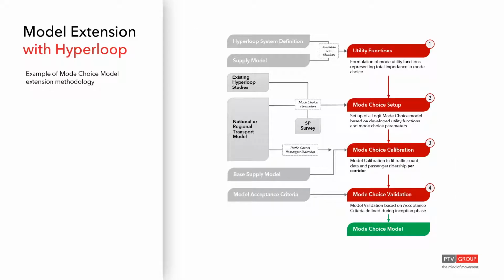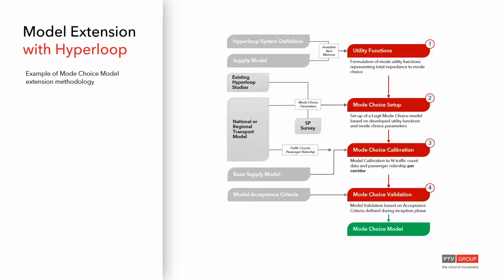So now diving a bit deeper into the methodology for Hyperloop modeling, I would say that effectively the method is very similar to what I've described with the air taxi.